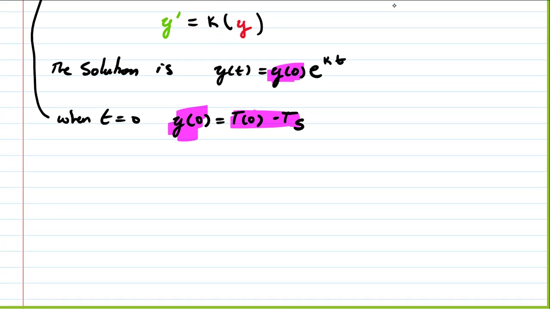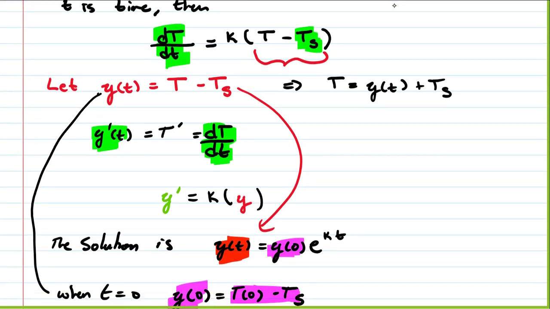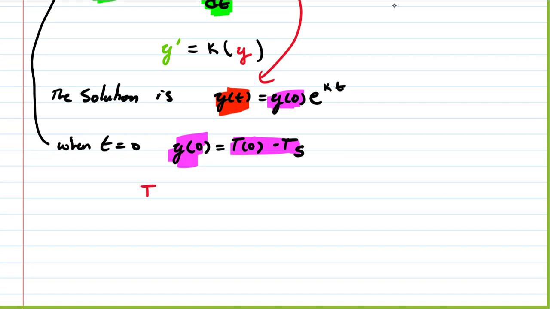So if we substitute that back in, and we resubstitute back in our y value from here, right? We finally end up with T minus T sub s is equal to T of 0 minus T sub s times e to the kt.